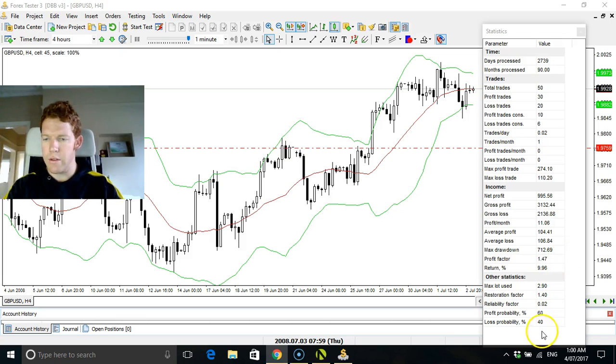There were no trades, and the win rate is 60%. Max drawdown was $712, which would represent around 7% because this was originally a $10,000 US dollar account opening balance, and the max profit trade was 274, and the profit factor is 1.47.